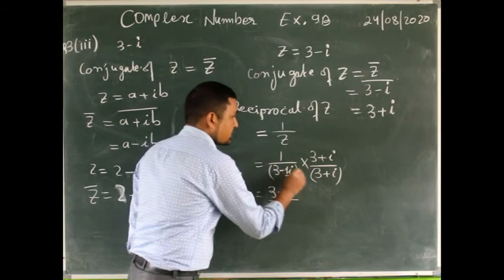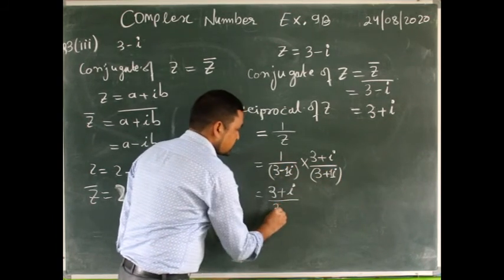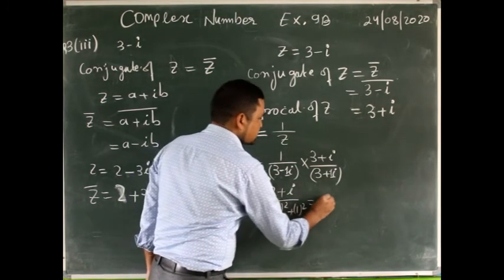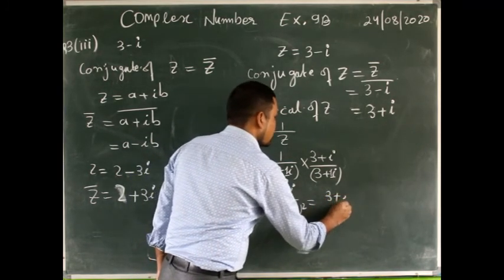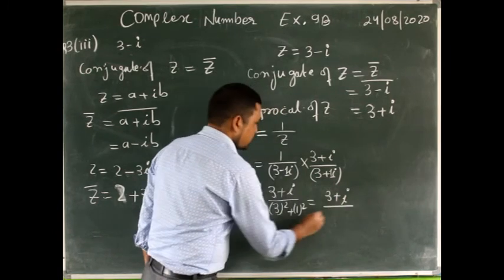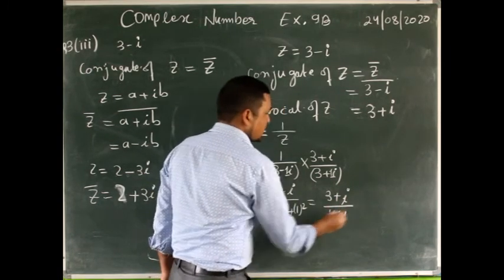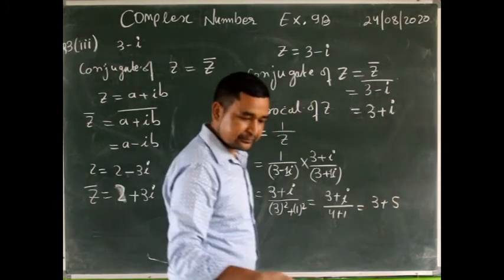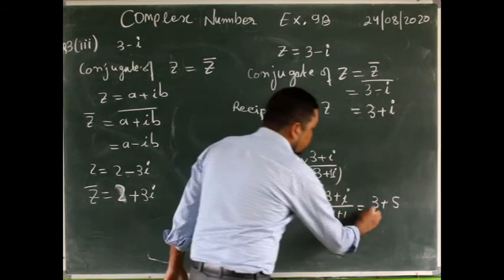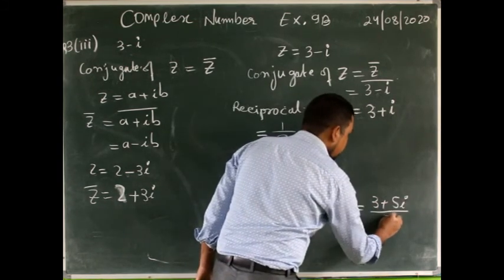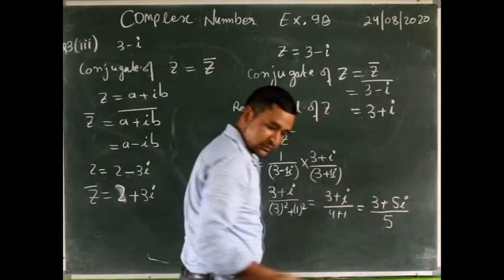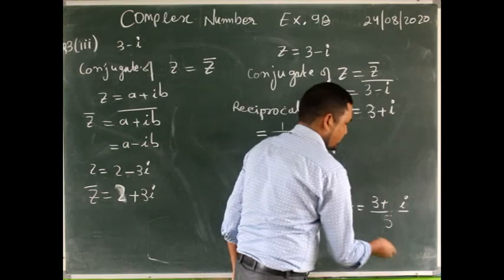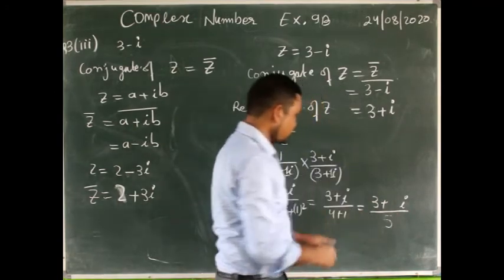According to the complex form, a minus ib times a plus ib equals a square plus b square. The number b is 1. That means 3 square plus 1 square. Now this is 3 plus i divided by 9 plus 1, which is 10. So 3 plus i divided by 10.